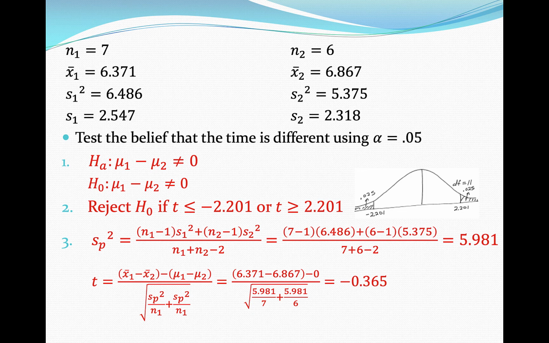When we're comparing samples, we're pretty much always comparing to 0. So that mu1 minus mu2 will pretty much always be 0. If you look up at what we're testing, you can see we're comparing it to 0, so that quantity is going to be 0. And then for the denominator, for the pooled variance, we just plug in what we calculated that to be, which is 5.981. For N1, we plug in 7, and for N2, we plug in 6.